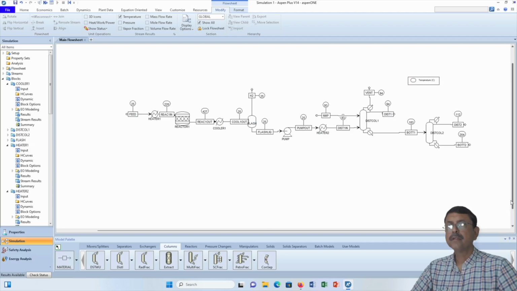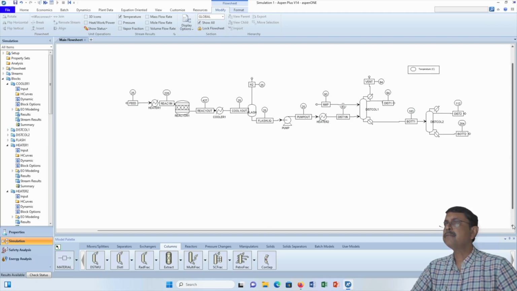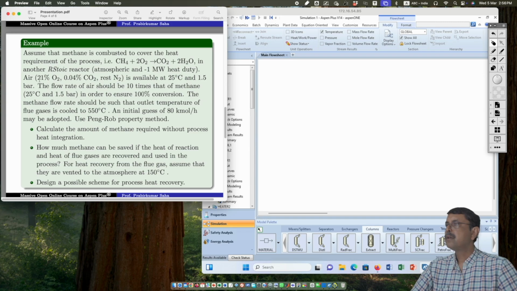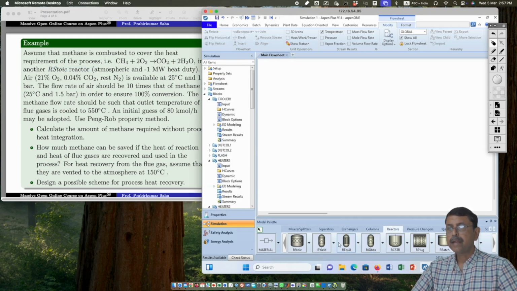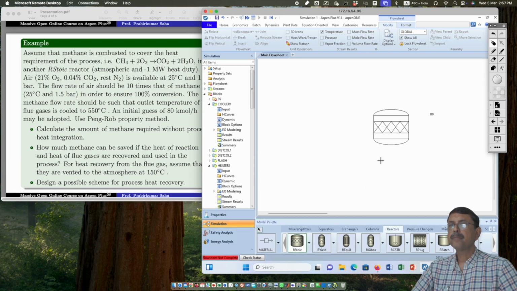Okay. Now in the combustion reaction, we have air and methane that will react in a stoichiometric reactor. Okay, so let us take up a reactor, a stoichiometric reactor, and there will be two material inlets.